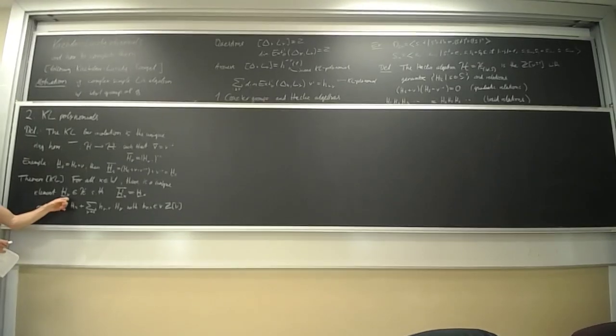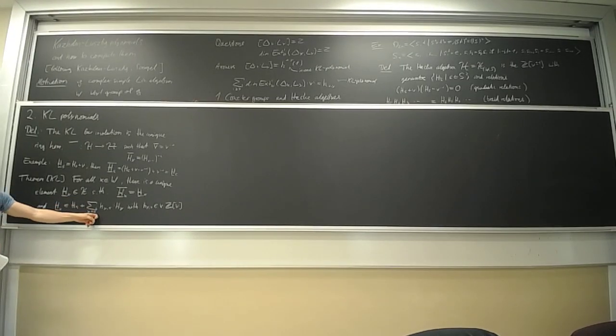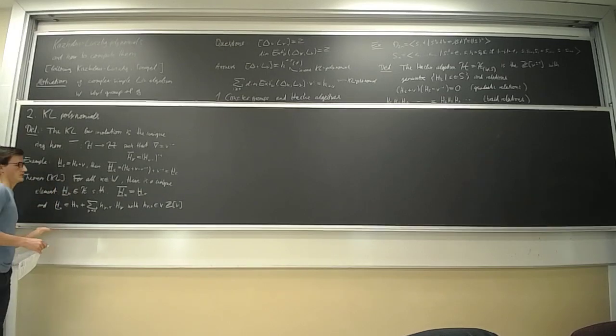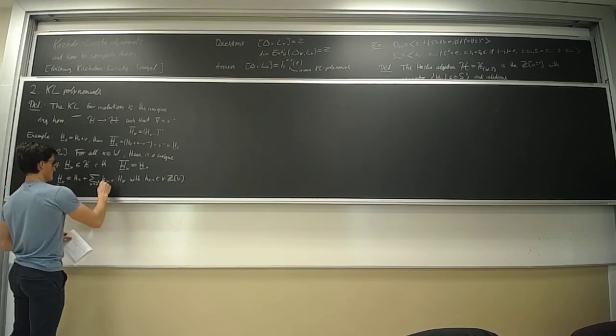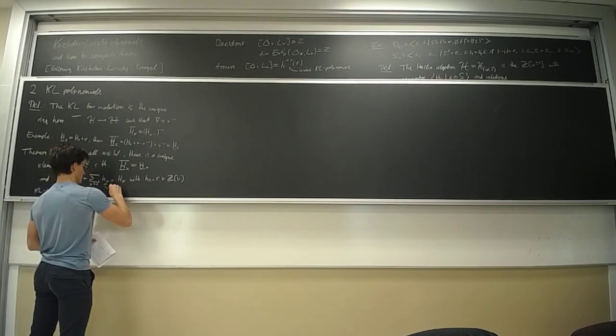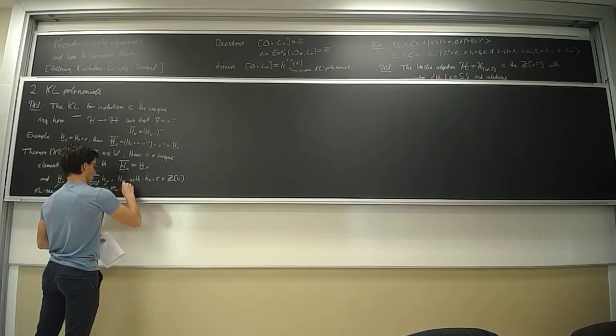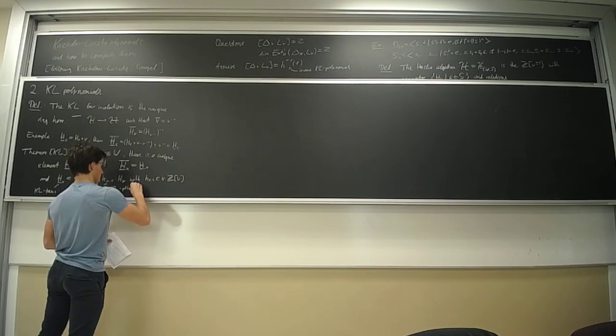It is a basis because of the unit triangularity, so you have an invertible change of basis matrix. So as I said, this here is the Kazhdan-Lusztig basis, and these polynomials are the Kazhdan-Lusztig polynomials.